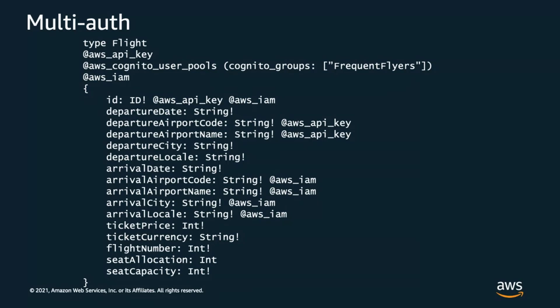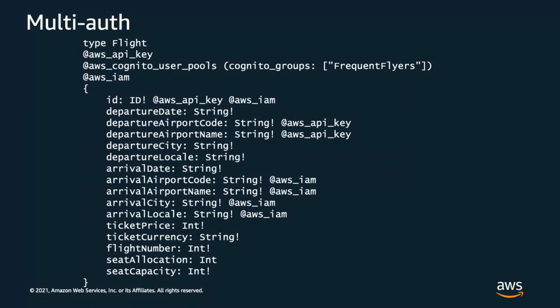And in order to do so, you can use AppSync specific directives to configure authorization and security at your data definition layer directly in the schema. So here we have an example with a flight type, a kind of flight-type application.